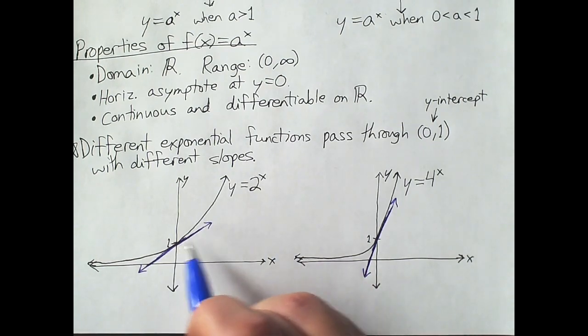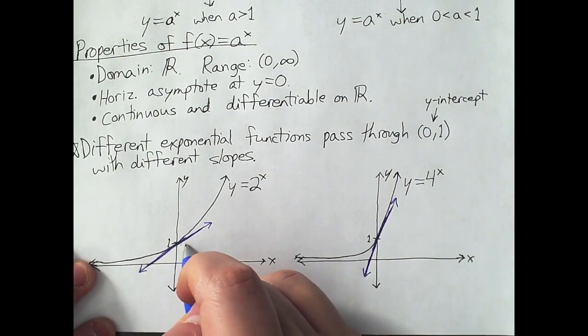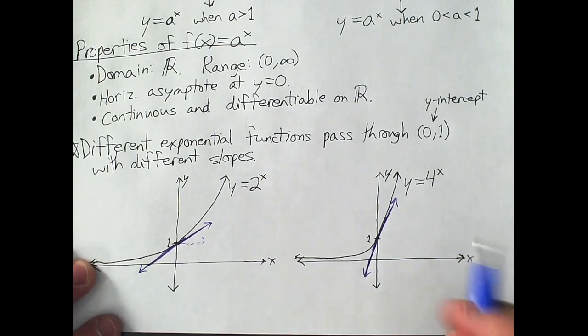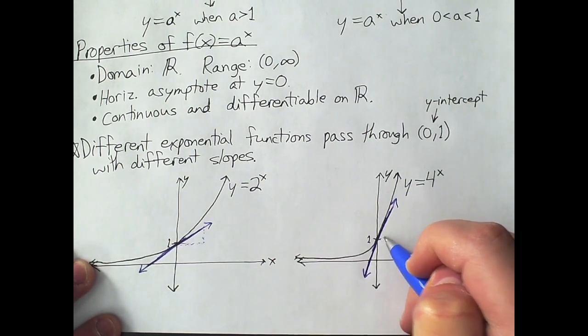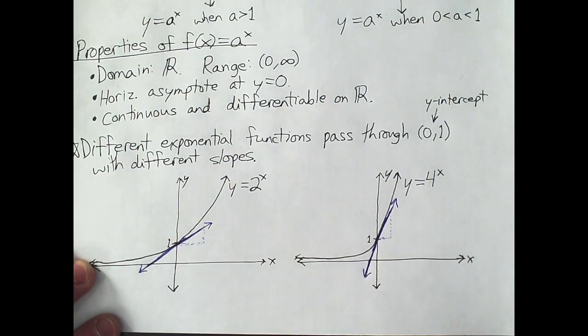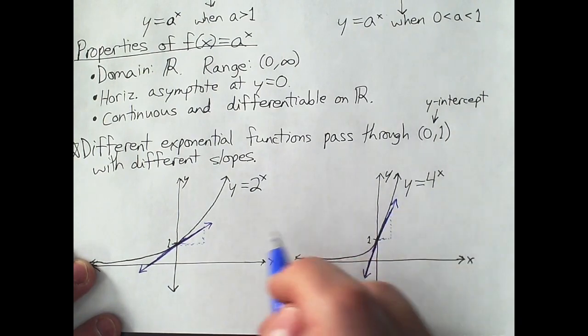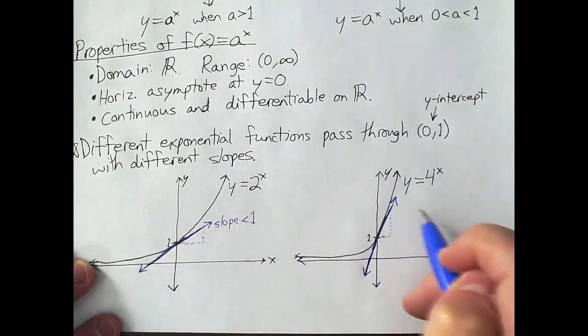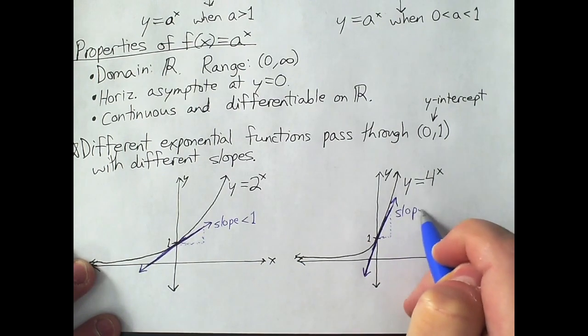It looks to me like it's less than 1. Over here, if I were to try to figure out what this slope is, well, we didn't really label points on the x-axis and y-axis. We weren't very thorough with this. But I would say that this slope is somewhere less than 1, and this slope is somewhere greater than 1.